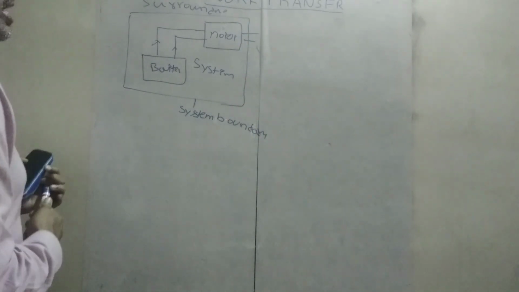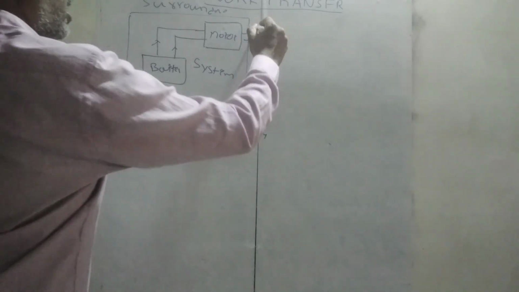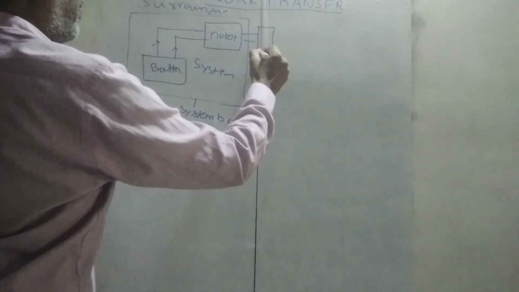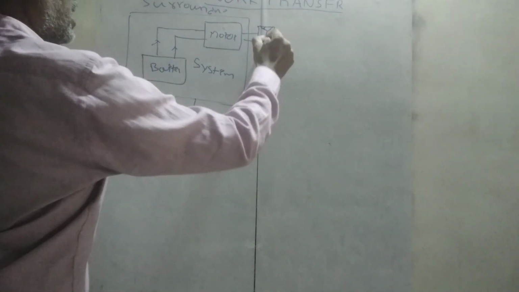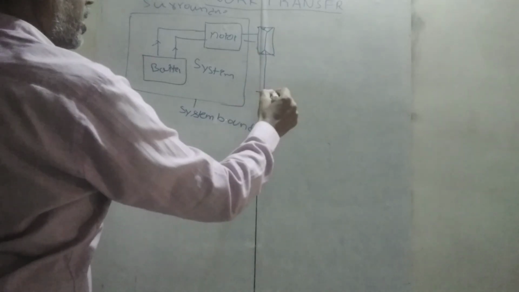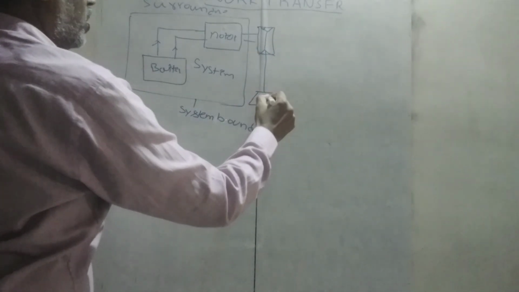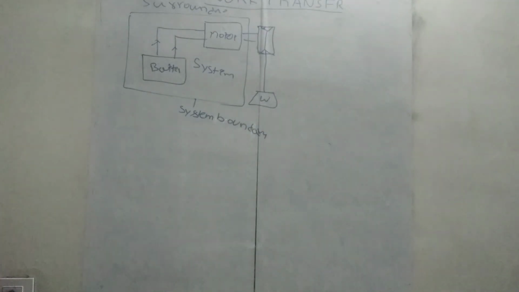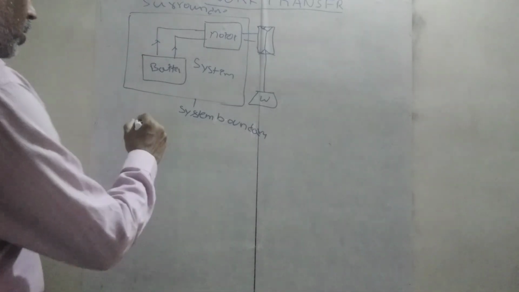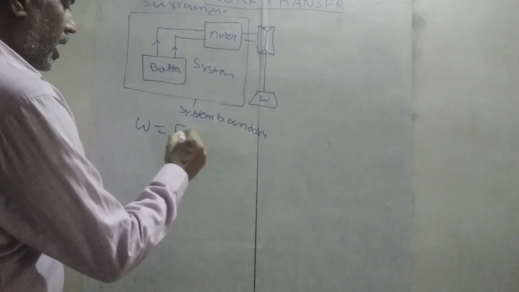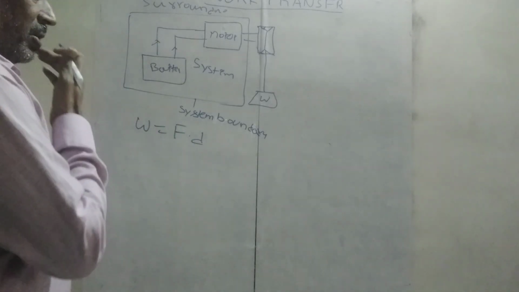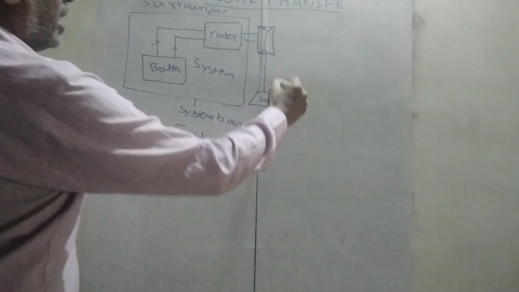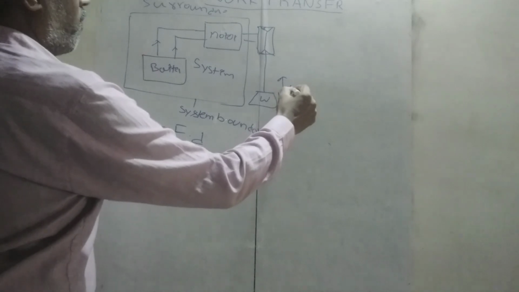If you connect this motor to a pulley, the net effect of rotating the fan is raising a weight W. Why are we using this? Because work is measured in terms of force and displacement. Work is equal to force and the displacement in the direction of force. So here the net effect is raising the weight.